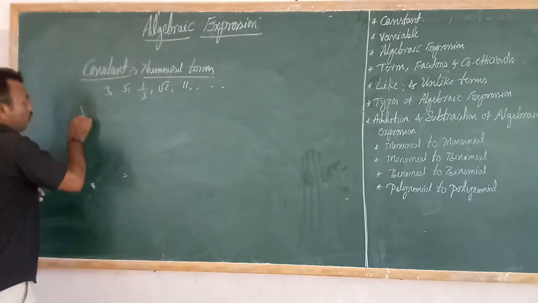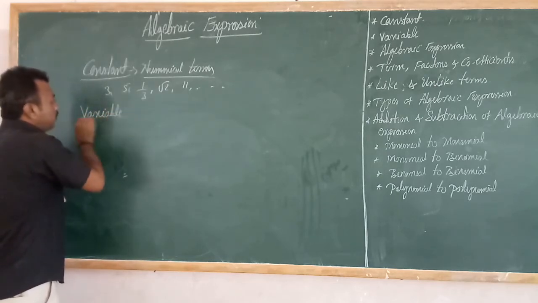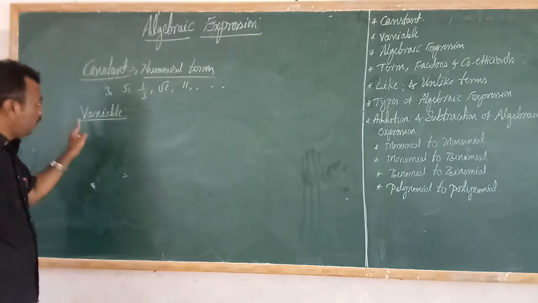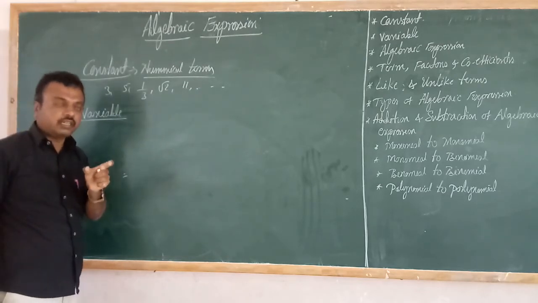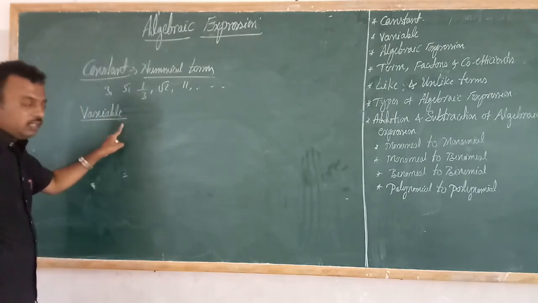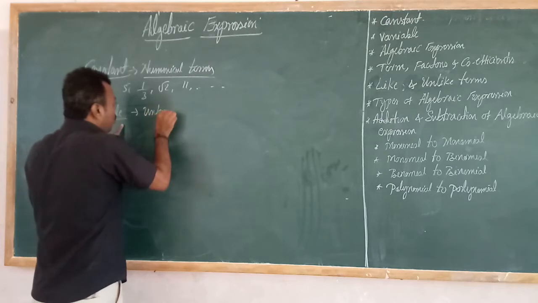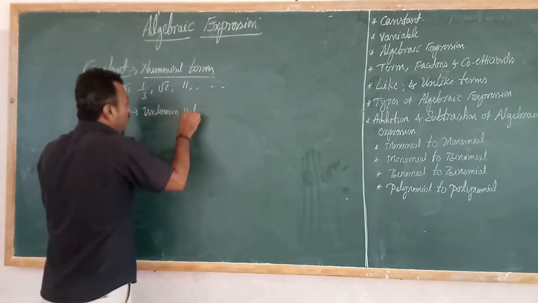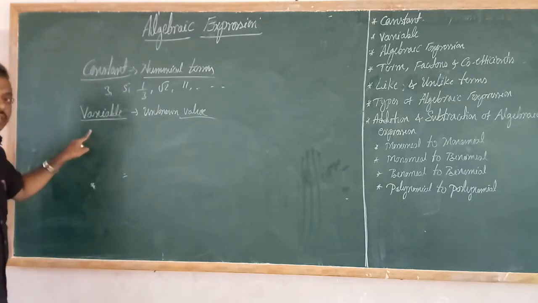The next one is variable. What do you mean by variable? Vary: variations, changing, correct? So a variable has an unknown value. The unknown values are called variable terms.